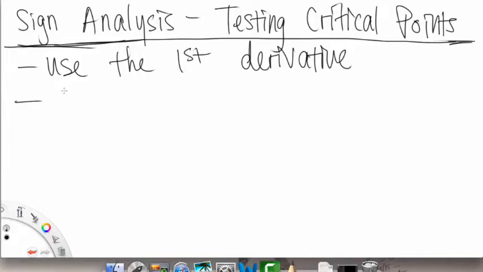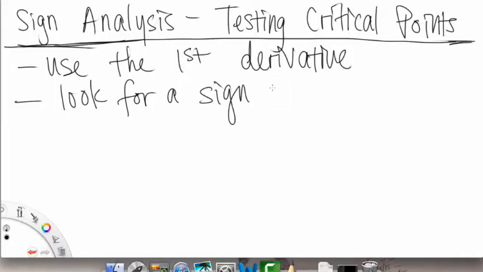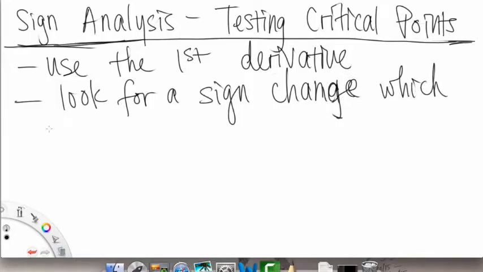What we're going to do is look for a sign change. First of all, we're going to analyze what the sign of the first derivative is on certain intervals, and then we're also going to look for a sign change, which indicates local extrema.